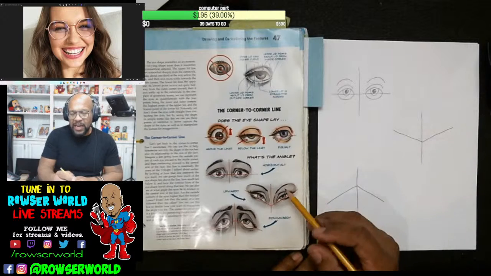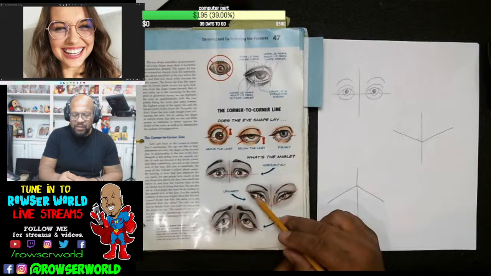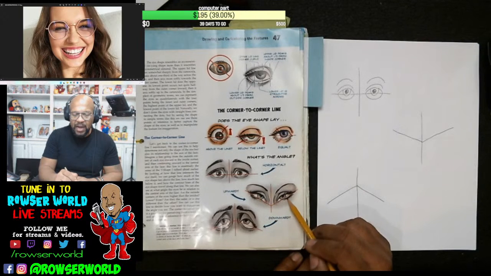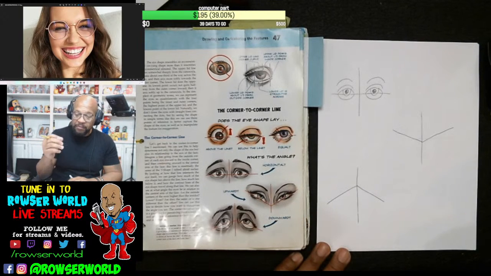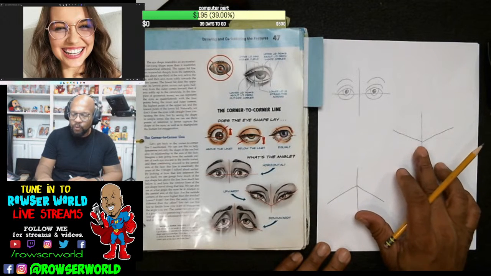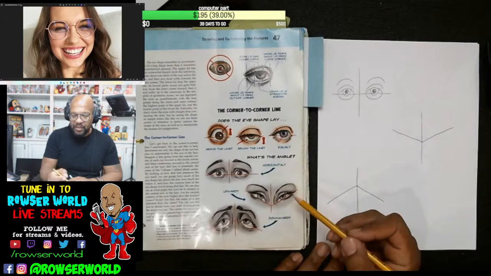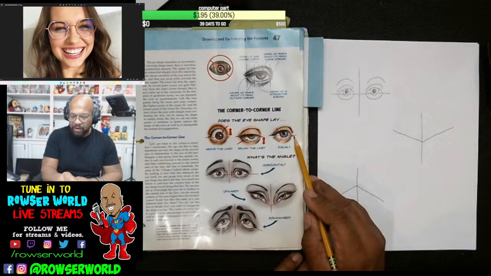Now, what I have noticed here when you look at the white space on these particular eyes, and this is worthy of mention, is that it always tends to have all the white space above the eye, above the line. You see, because this line right here is the same line right here.